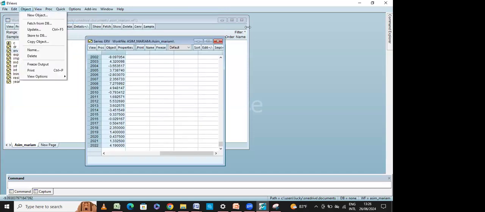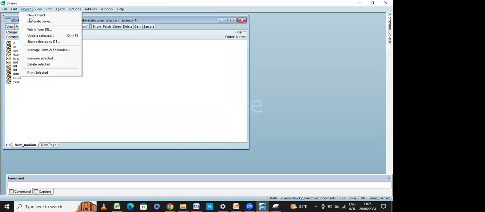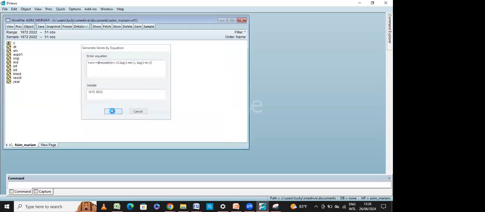Same thing: go to Object, Generate New Series. I am putting in my formula and changing all those values: ERV, again ERV, again ERV, and again ERV, and I click OK.